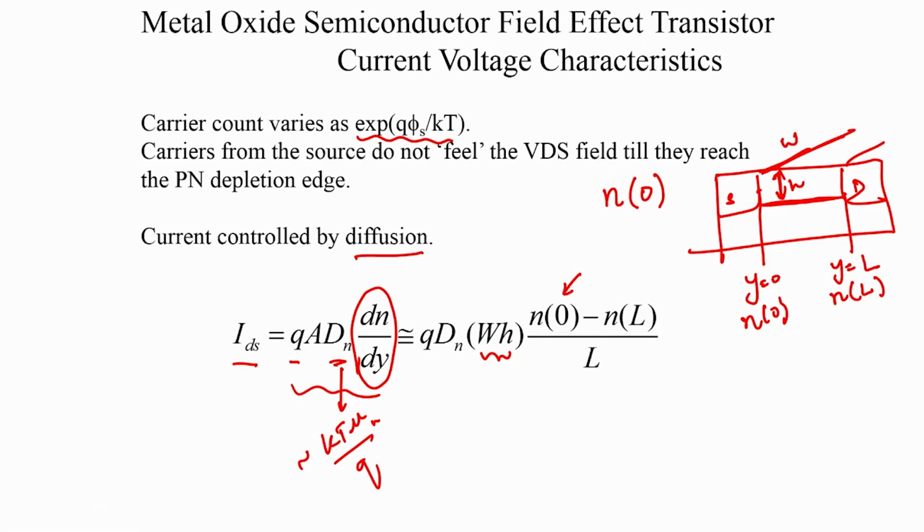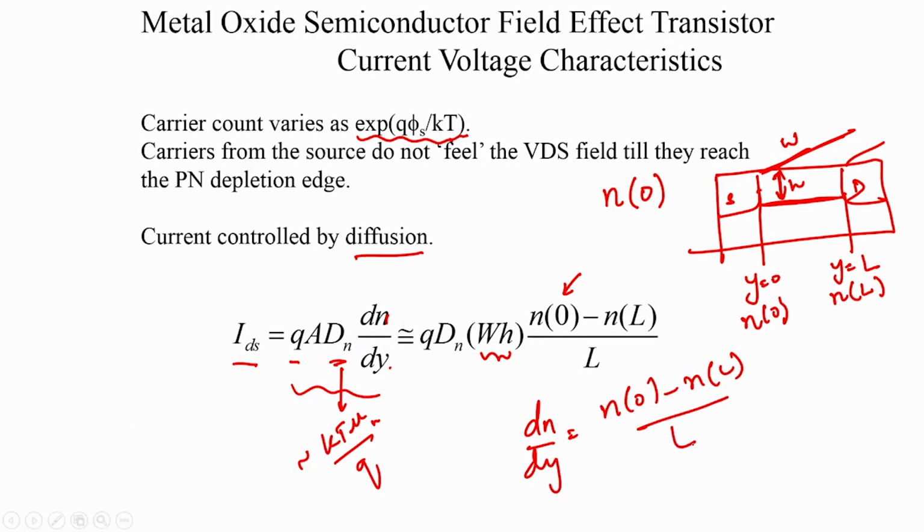And instead of getting a perfect estimate which relates n to y through the channel potential, we will make a big approximation here and say that dn by dy is simply n of 0 minus n of L divided by L. Which means the carrier concentration near the source minus the carrier concentration near the drain, divided by L. It is a big approximation, but nevertheless very useful to get a quick answer.